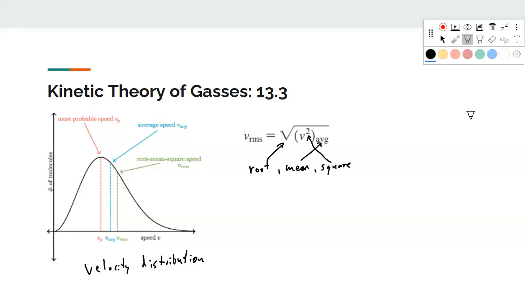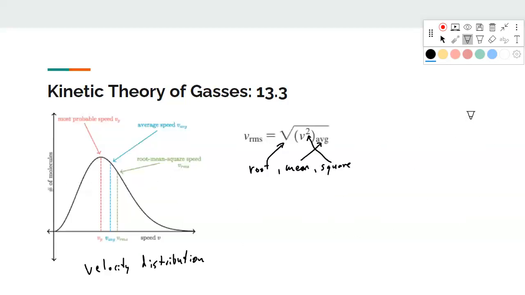So we develop all this notation to talk about them. But at the end of the day, in physics, if you're asked what's the average speed of a gas molecule, you can just basically say the RMS velocity. It's oftentimes a lot easier to find, and it's usually within 10% of the mean speed.